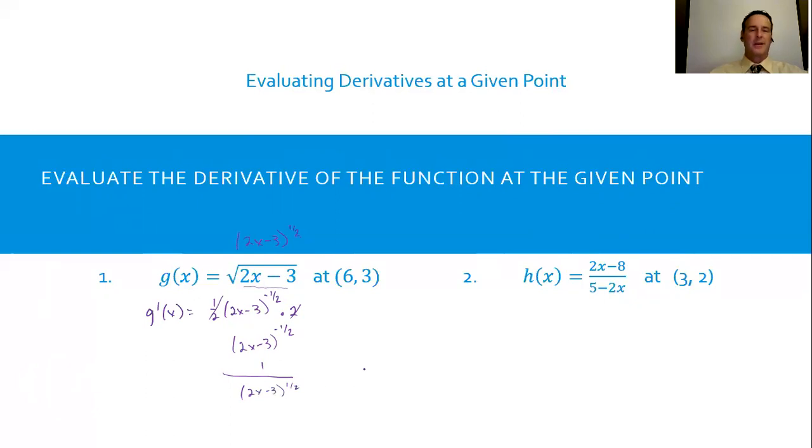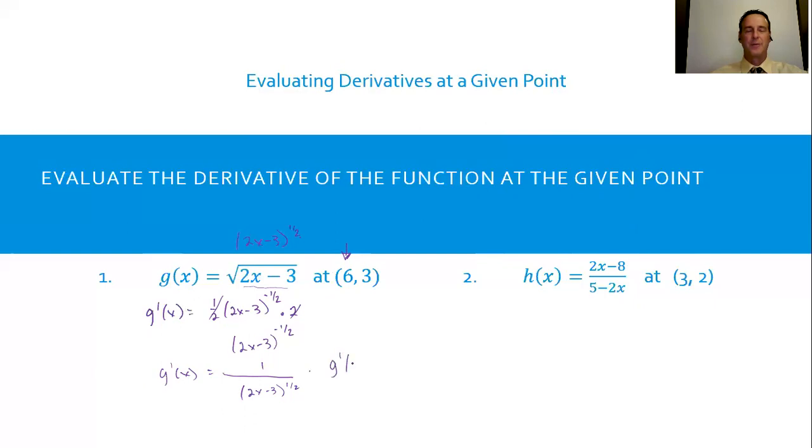Now, why is this a value? Well, I need to find the derivative at this point, so I'm going to input 6. This is g of x being derived.